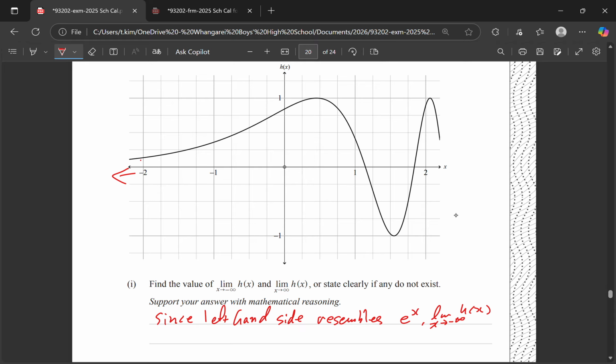If it carries on that way, it's got to be toward 0, isn't it? So the limit of h of x as x approaches negative infinity must be 0. So the x-axis becomes a horizontal asymptote, isn't it?